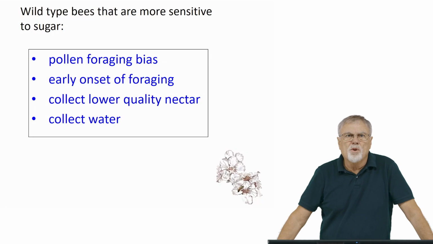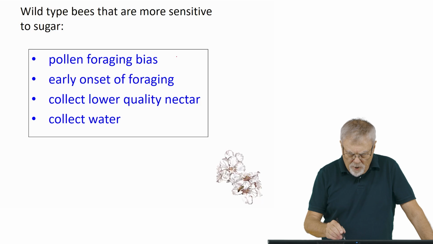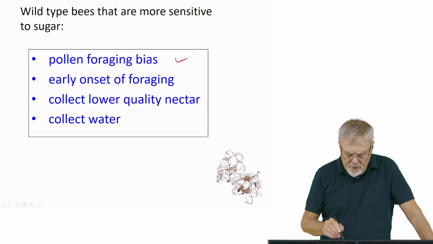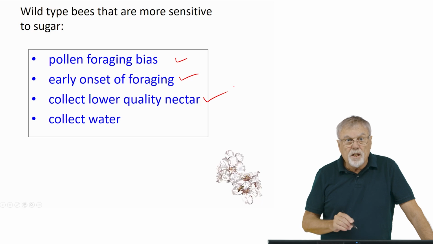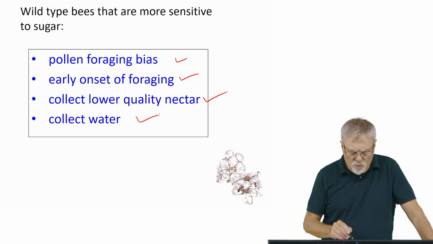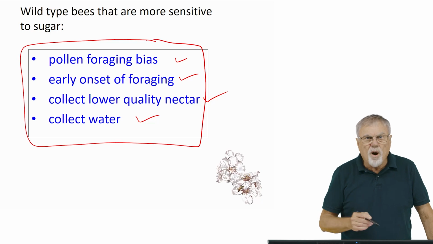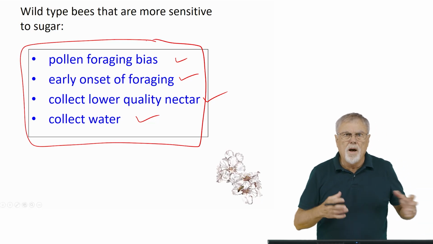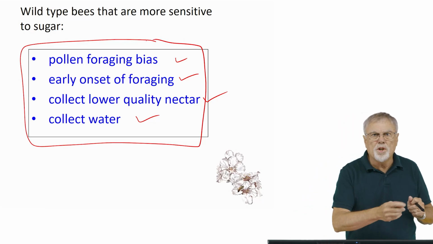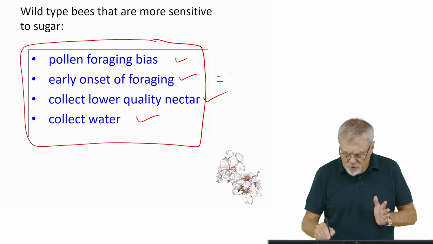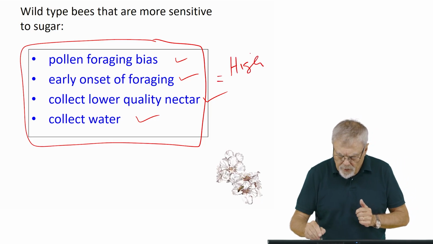Wild-type bees that are more sensitive to sugar were found to demonstrate a pollen foraging bias and an early onset of foraging. They collected lower quality nectar and would even collect water. This is a phenotypic architecture in wild-type bees that are more sensitive to sugar that is equal to the high-strain bees.